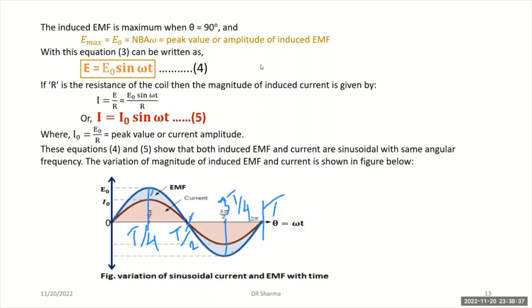For each quarter of wavelength, there is a phase change of pi by 2. So the phase of this point is pi by 2, this point 2 pi by 2, this point 3 pi by 2, and this point 4 pi by 2 or 2 pi. Okay.